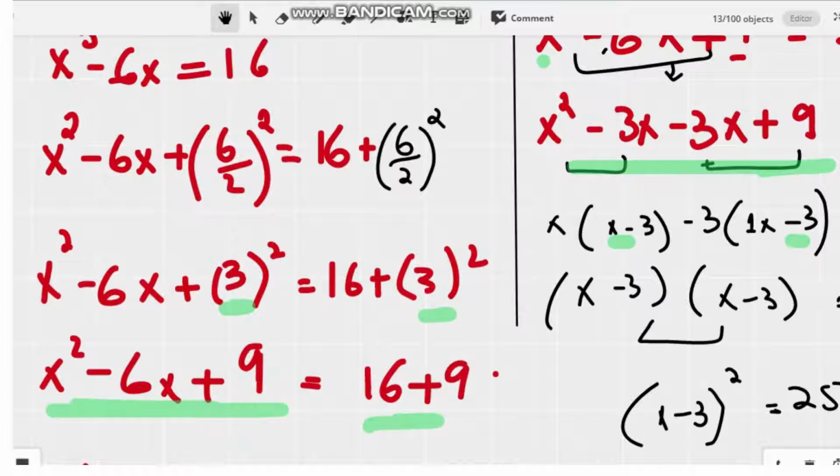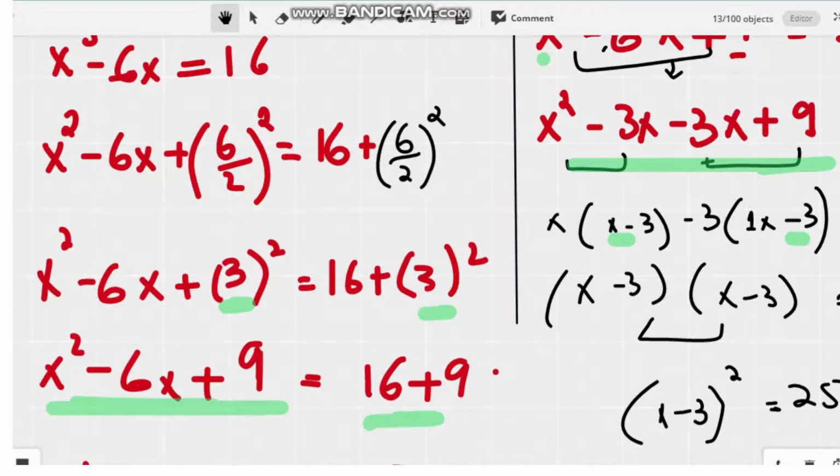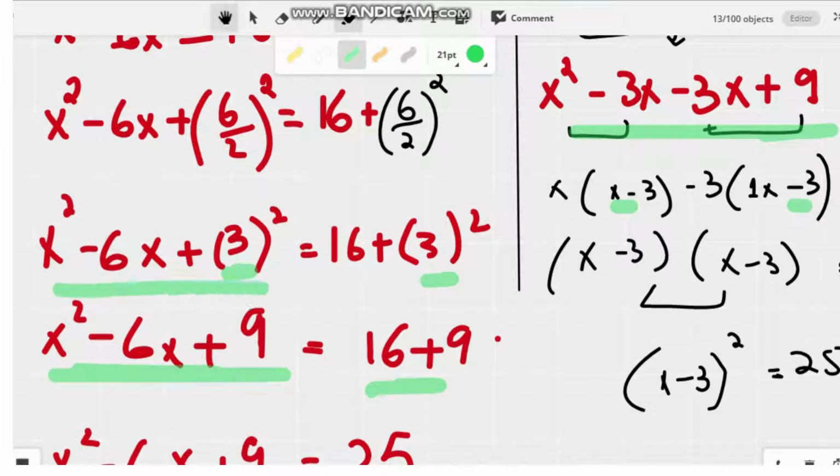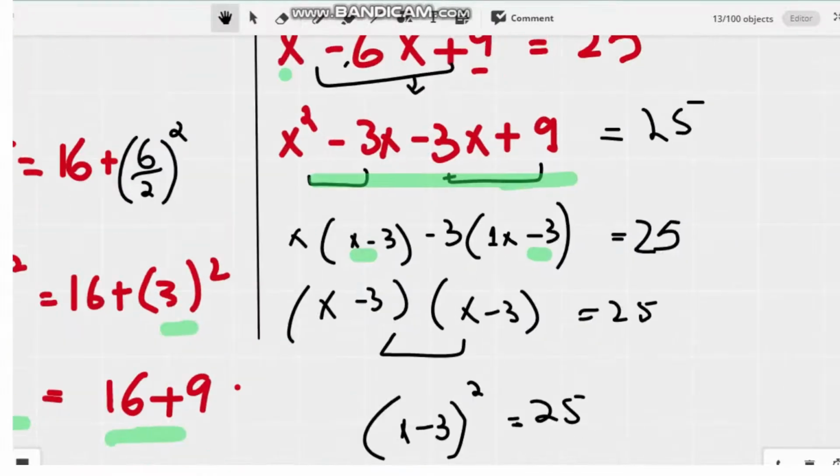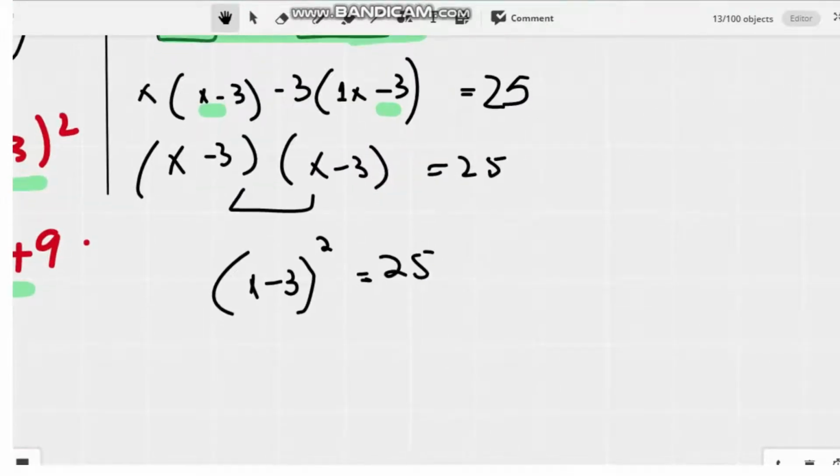So according to the formula a square plus b square plus 2ab, that formula works here. So you can just write the closed form of it. You can just take the first term and the last term, the number whose square you are doing. So 3 square we are doing, so we take x minus 3 and write its square here. So x minus 3 square equals 25, I got.